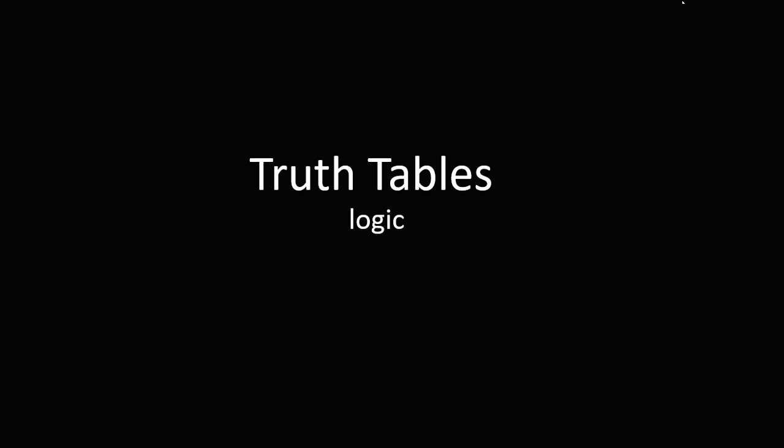Okay, what are truth tables? Truth tables are just the way that we use to get all the possible truth values. We are going to use much of the things that we learned from the previous video, but bear with me.